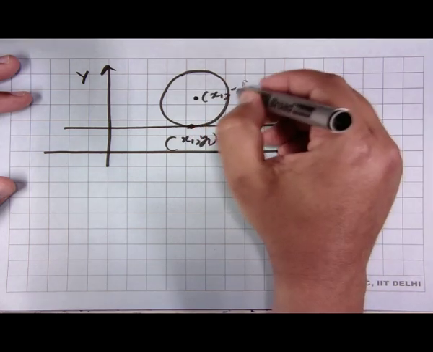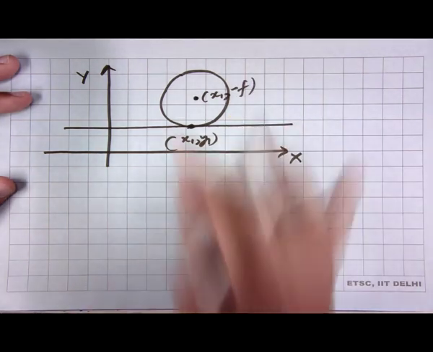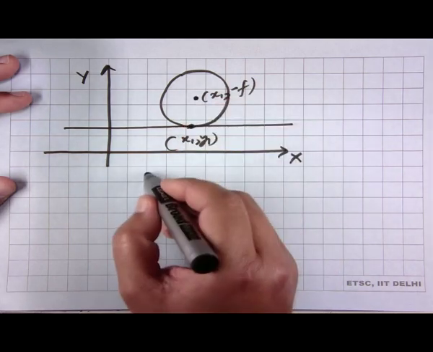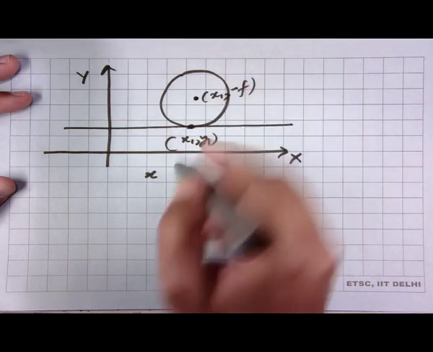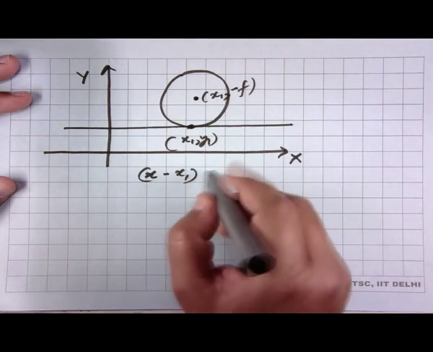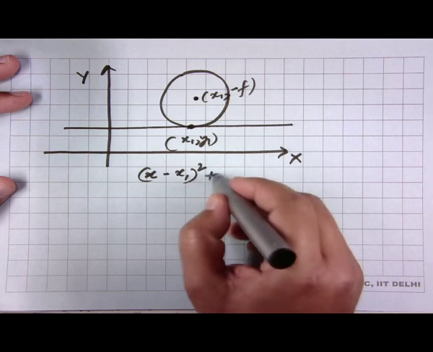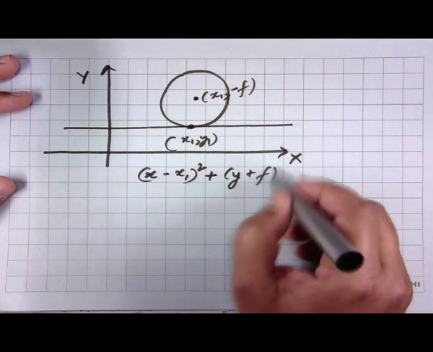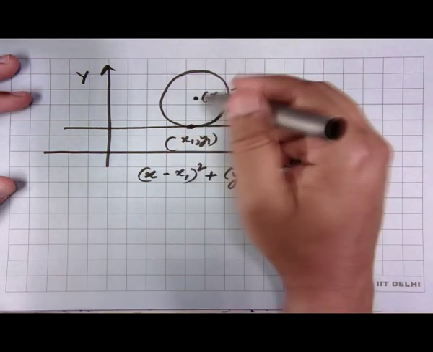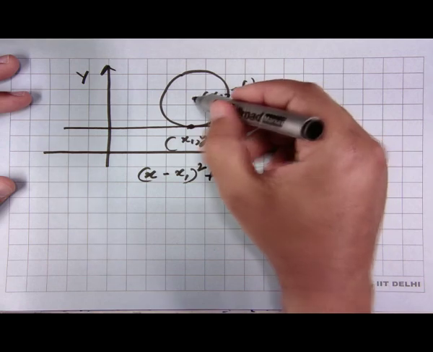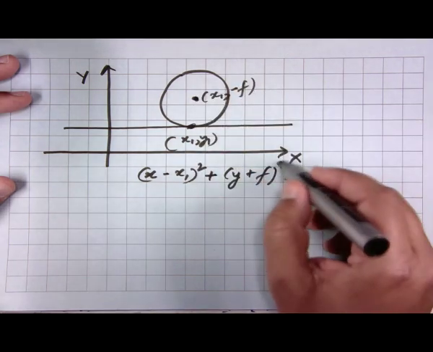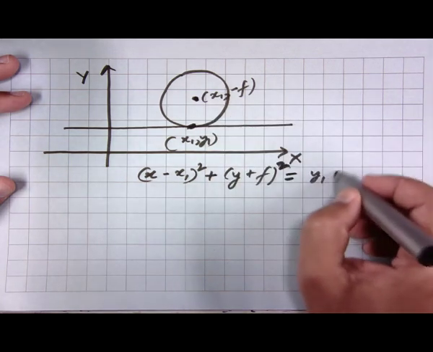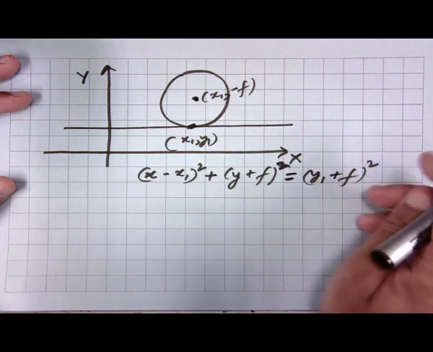Let us say the y coordinate is minus f, and then in a similar manner we can write that the equation of this circle will be x minus x1 whole square plus y minus minus f, which is y plus f whole square, is equal to the squared radius. The squared radius is obviously the squared distance between this point and this point, which is simply y1 plus f whole square.